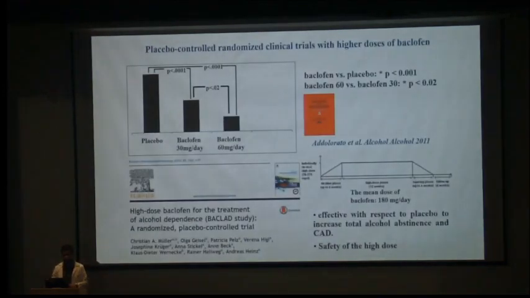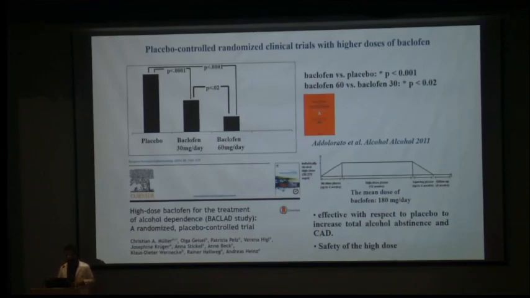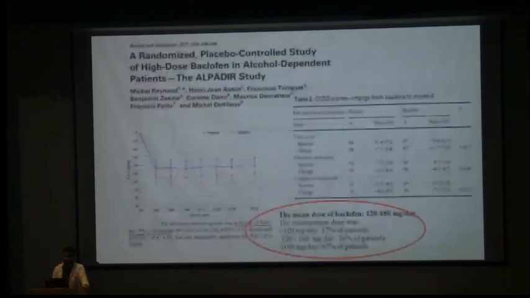Which brings us to baclofen, the medication which has been mostly studied in liver disease patients. A major problem that I found with the baclofen literature is that in addiction studies, in alcohol dependence studies, the anti-craving effect of baclofen works better at higher dosage, up to 120 to 180 milligrams per day.